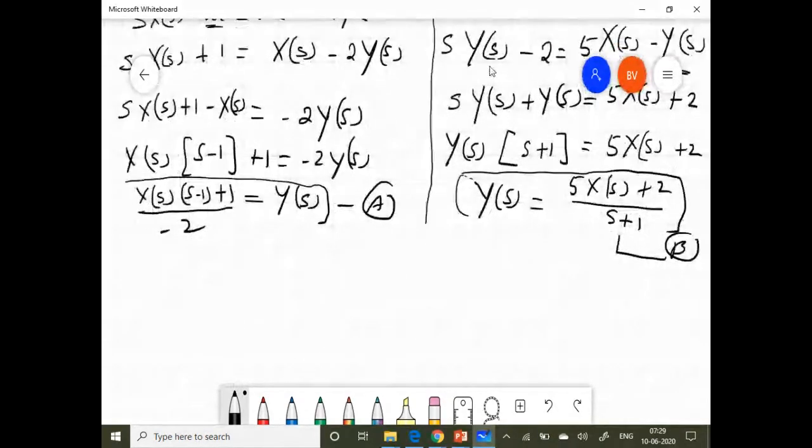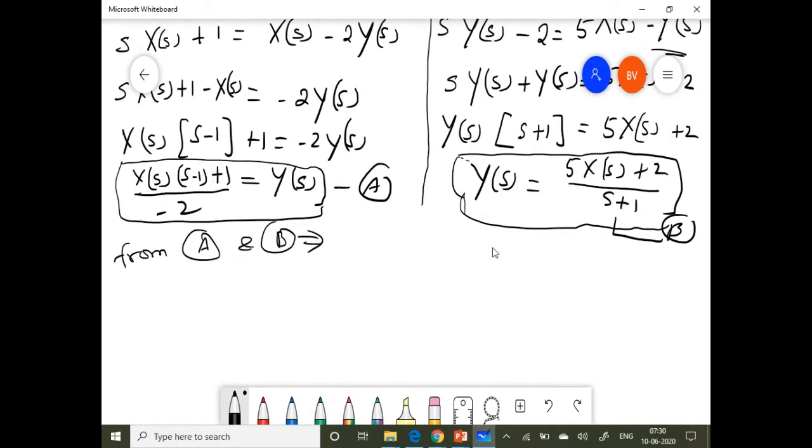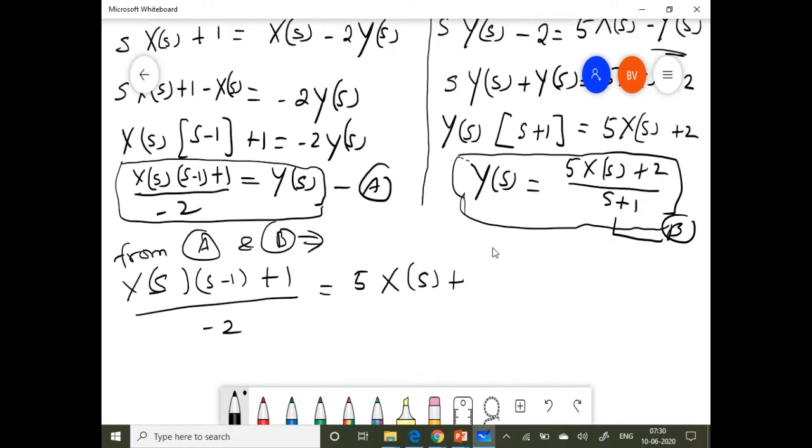Using a and b, let's eliminate y of s. This is a and this is b. Equate them. What you get is the left hand side x of s into s minus 1 plus 1 over -2 is equal to 5x of s plus 2 over s plus 1.